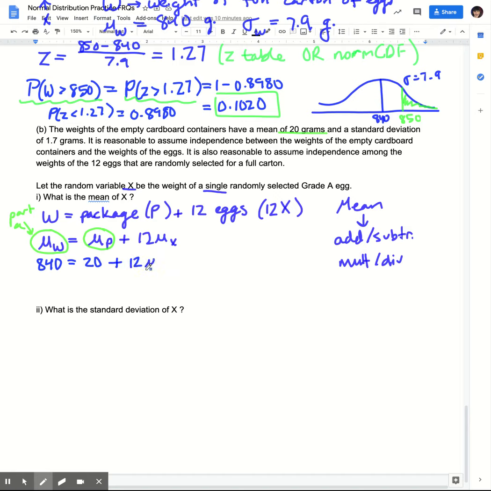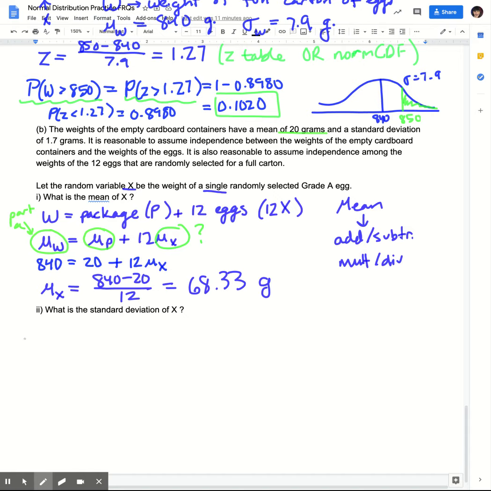And then I have plus 12 times the mean of one egg. This is what I don't know, that's what I'm trying to find. So I just have to solve this equation for the mean of one egg. The mean of one egg is 840 minus 20 divided by 12, and that value is 68.33 grams if you round. Okay. All right.